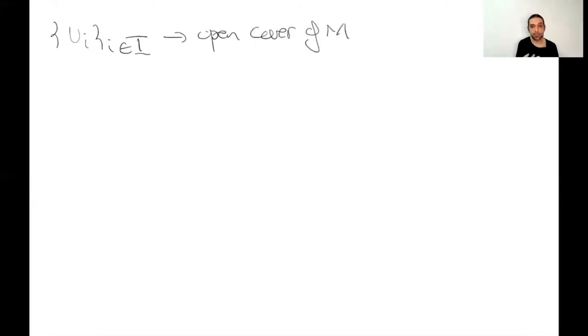And how is that? Because now we consider ui, which is an open cover of our manifold M, and we can consider a partition of unity subordinated to this open cover.